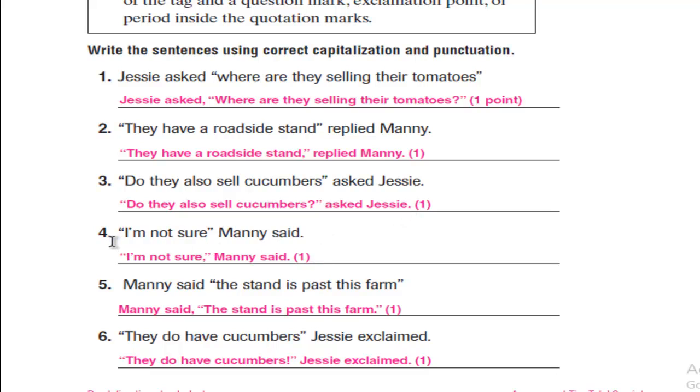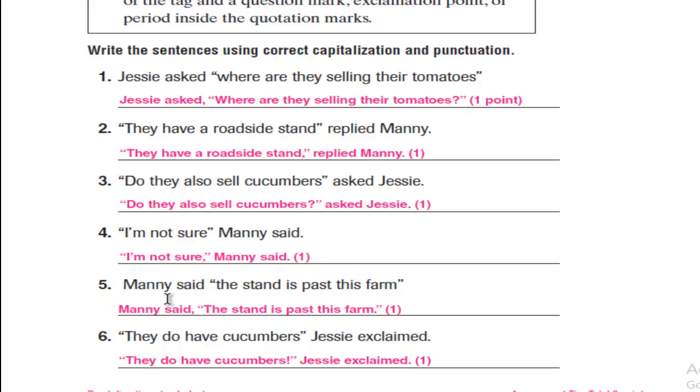Number 4, I'm not sure, Manny said. So I have to start with a capital letter, then a comma before the quotation marks, then Manny said, then a period at the end. You have to add a comma in case you have a sentence, but make sure that the comma is before the close quotation marks.